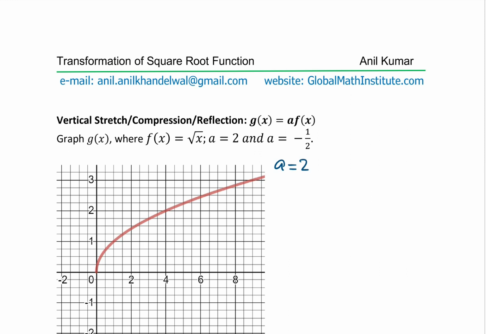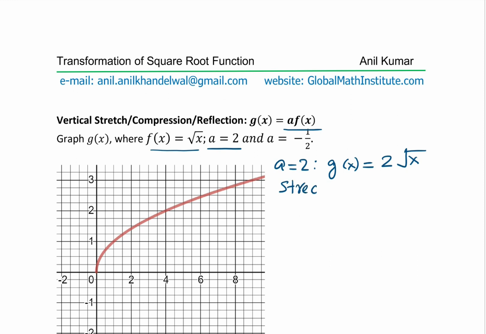In that case, the function g of x will now be equal to, so a is 2, right? So we'll replace this by 2 and f of x is square root of x. So that is how we are getting our function, which is 2 square root of x. This really means that the graph is stretched vertically by a factor of 2.